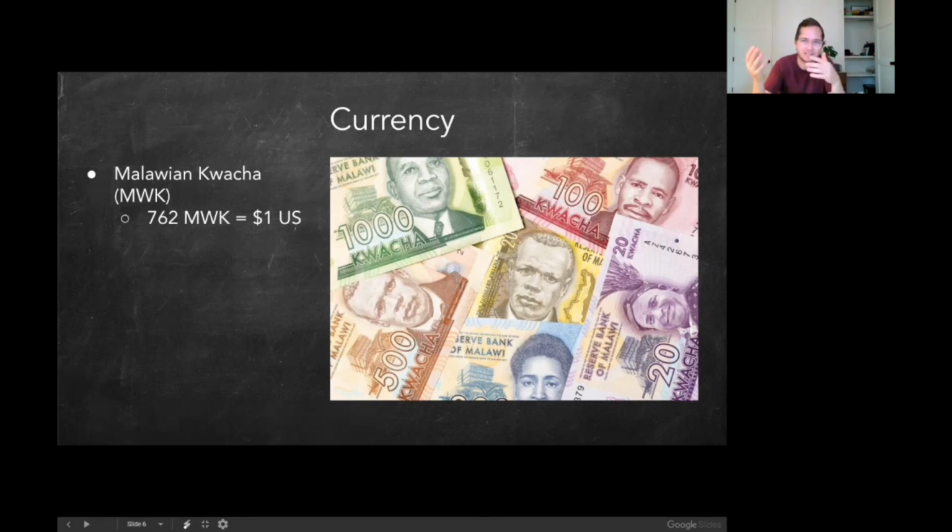They brought the cash over and everything, and then I accidentally shipped it right back to them in a book. But I still got the cash when I got home. But anyways, my plan didn't work. Nonetheless, here we go. So I have 762 Malawian kwacha equals $1.